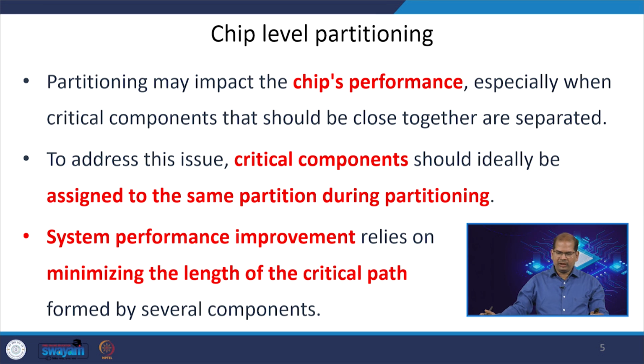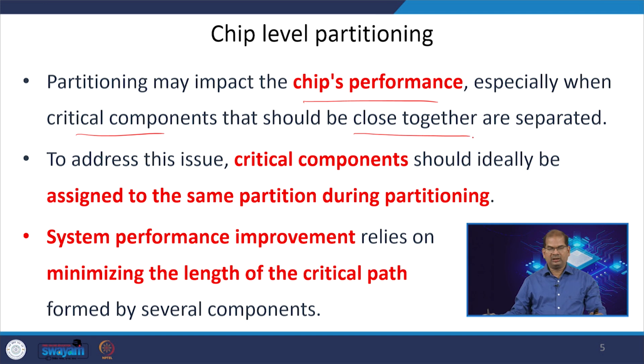Here, the chip performance is basically determined by how close the critical components are placed to each other. So, whenever I am doing the partitioning of the chip, I should worry about the chip speed. The speed is basically determined by your logic gates and interconnects.